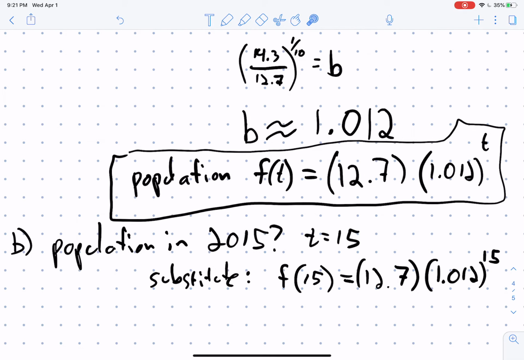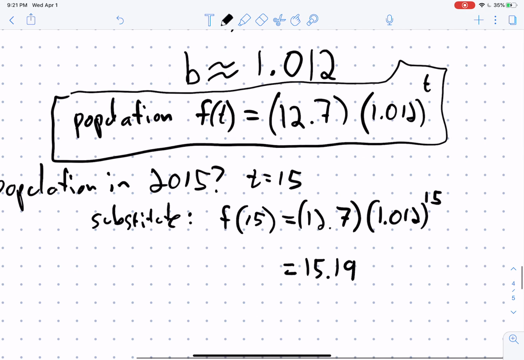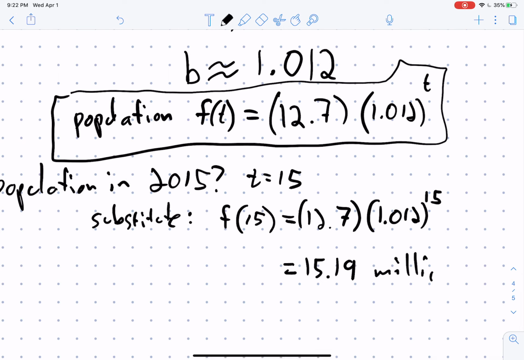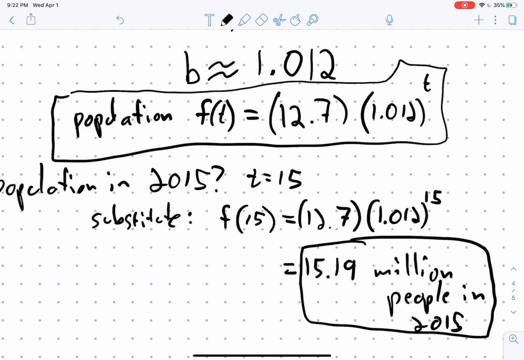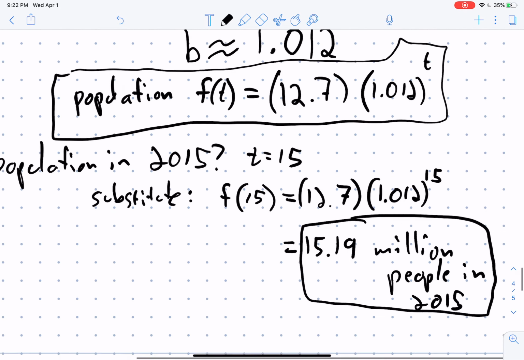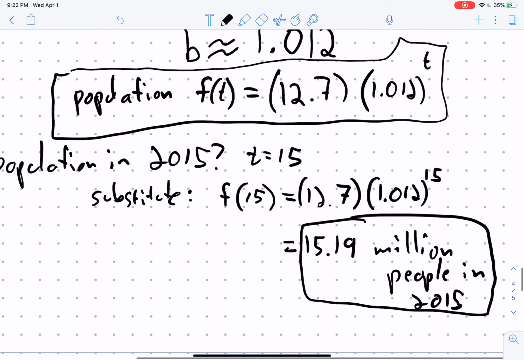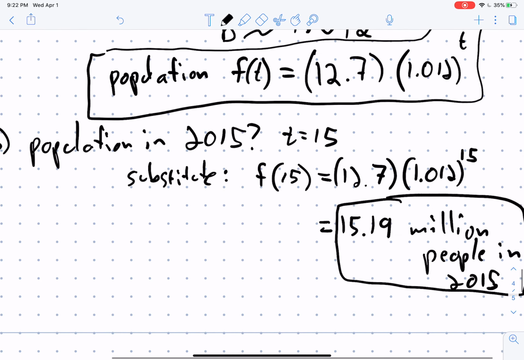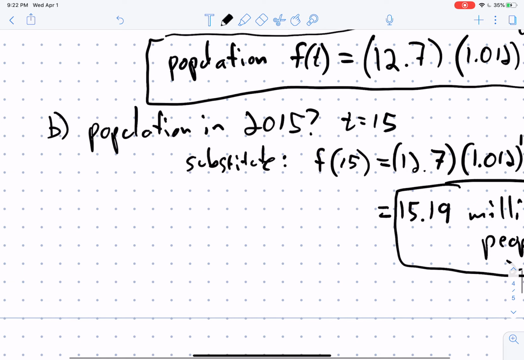So this thing is equal to 15.19 million people in 2015. So this is our answer, our solution for part B. What is the population in 2015 of the city? It will have grown to 15.19 million. Okay.